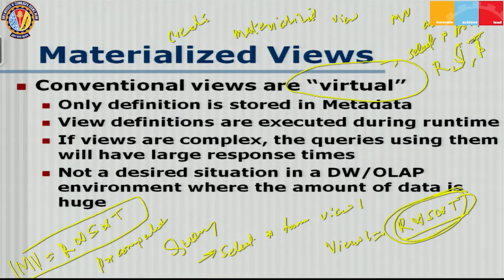So I've created this view. Now once I say it is a materialized view, that means I've already pre-computed the join between R, S and T.